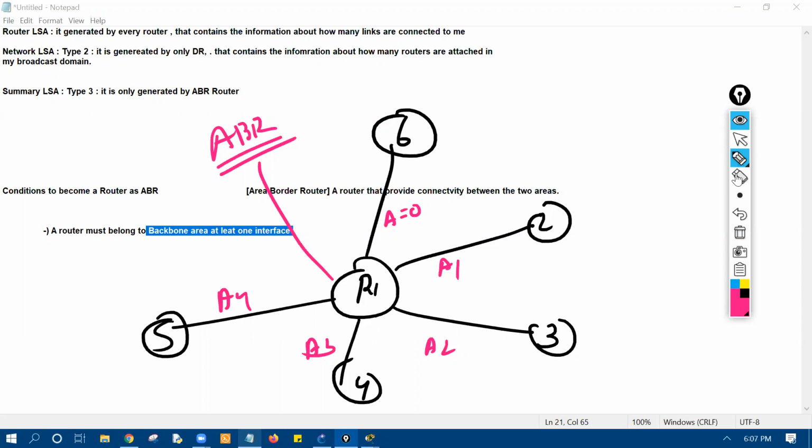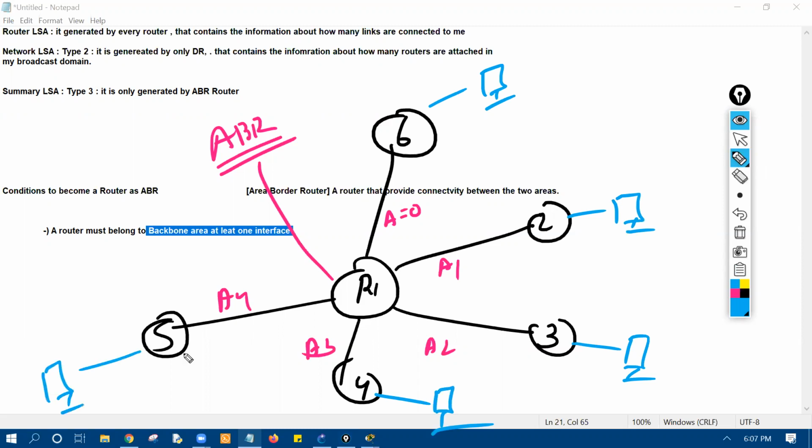But if I remove this router, then right now whatever users are sitting behind R6, R2, R3, R4 and R5, they can communicate to each other. But once I remove this router, no communication will happen.